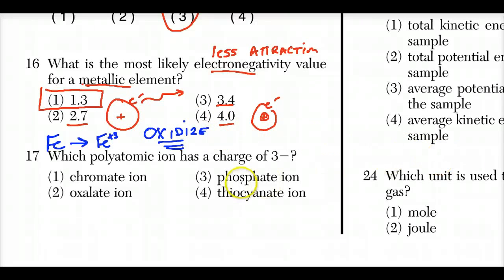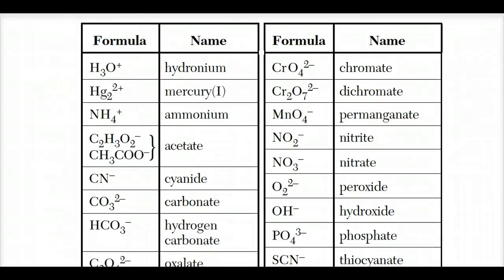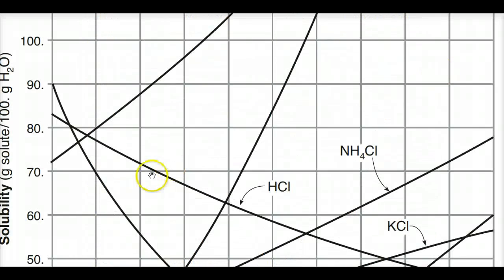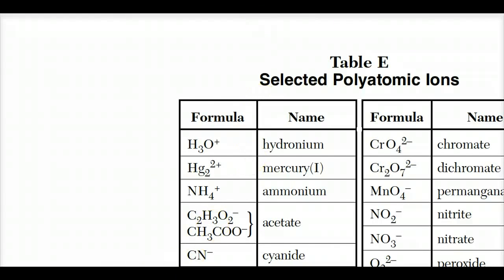Okay, 17. Which polyatomic ion has a charge of -3? Well, we have a table called Table E. I call it the what-the-heck-is-that table because you see these things and say, what the heck is that? So we're going to go to Table E. And here is Table E. And chromate is -2. Oxalate, where's our oxalate? -2.